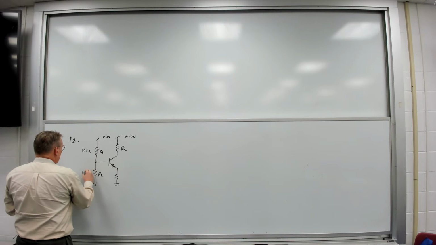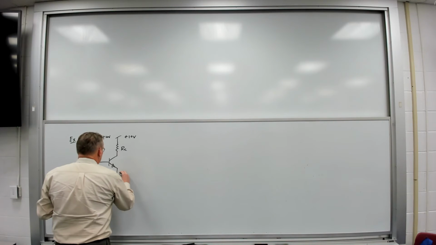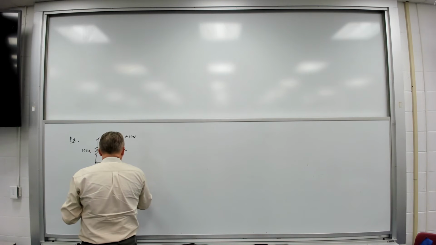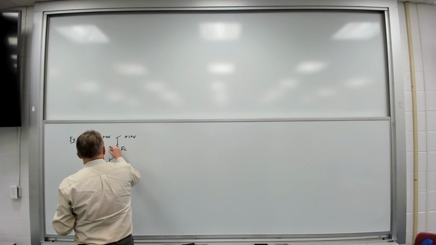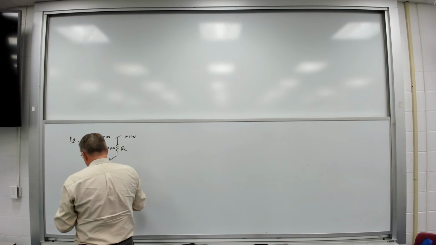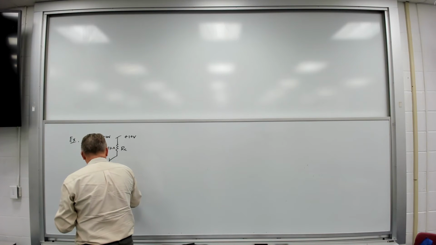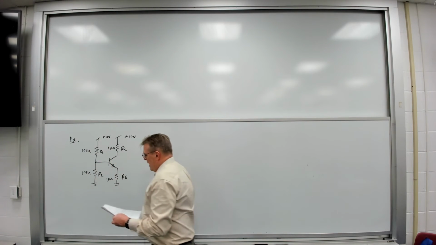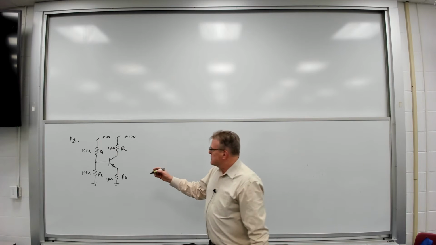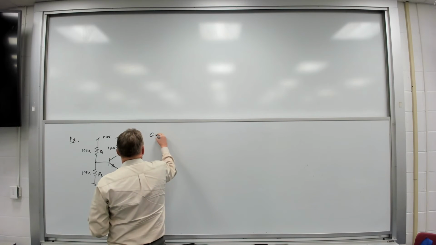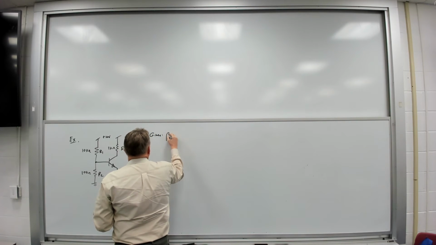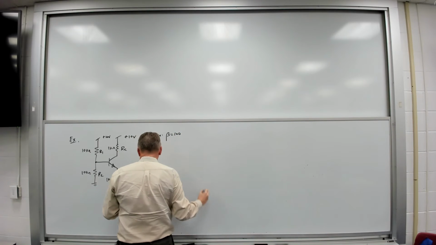RC is 1 kilo ohm, and RE is also 1 kilo ohm. And it is given that beta for the transistor is equal to 100.